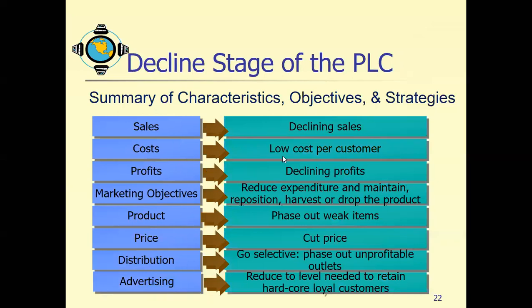In the declining stage, the cost is low, but still the profit is not high because the sales are low. Sales are declining. So there is a relationship between the profit and the sales. As the sales are declining, the profit is also declining, but not negative because the cost is low. So you study all these things.